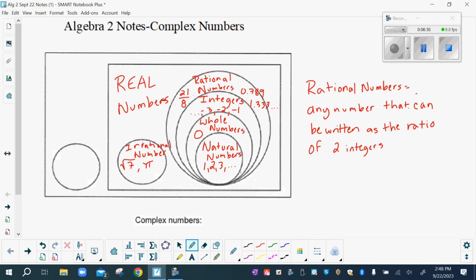So up until yesterday, that was all you knew about, real numbers. And then yesterday, we introduced what other type of number? Imaginary numbers. So imaginary numbers come over here.